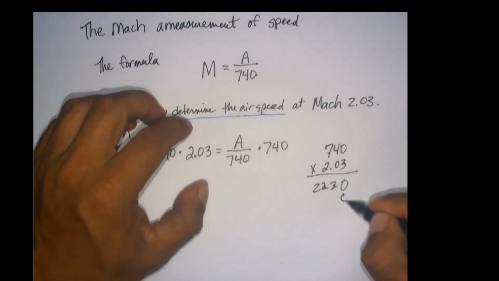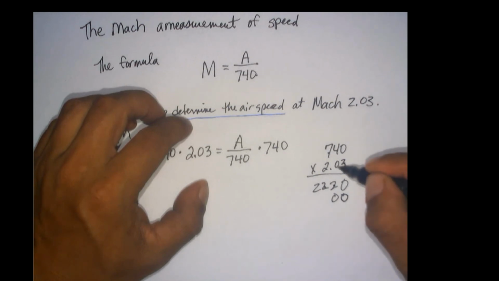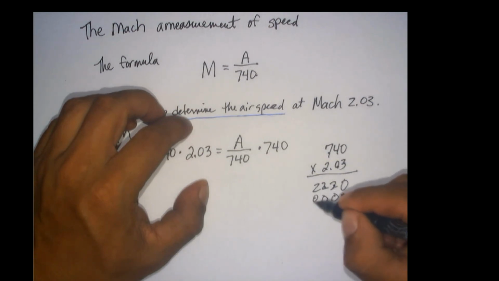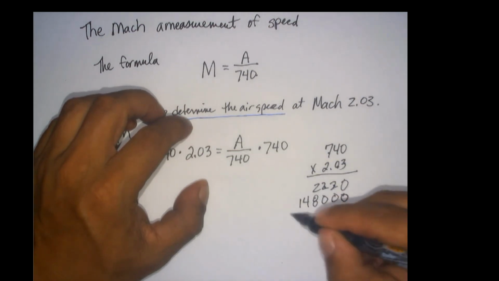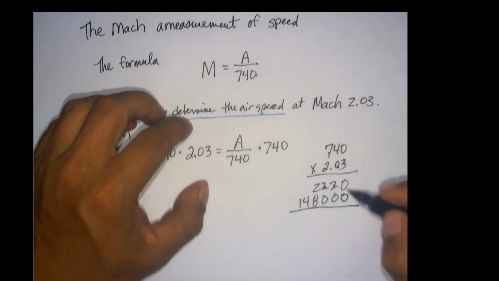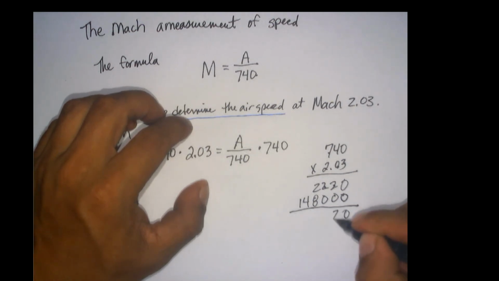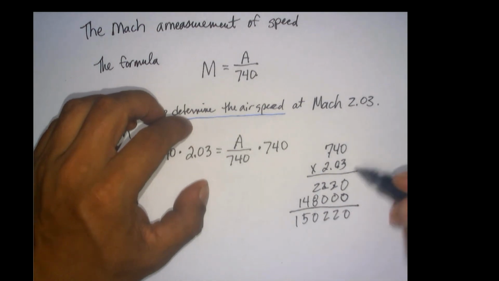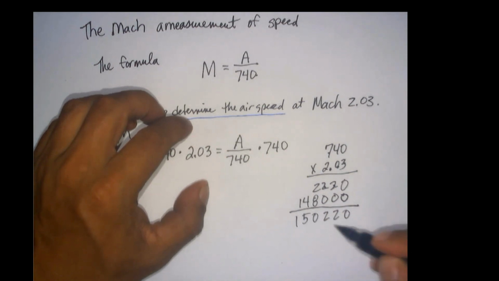Then we put 2 zeros because we're skipping this one, right? Yep. And 2 times 0 is 0. 2 times 4 is 8. And 7 times 2 is 14. We're going to add these up. So it's 0, 2, 2, 2 and 8 is 10. Carry a 1. But we got 2 decimal places here, so the decimal goes right there.